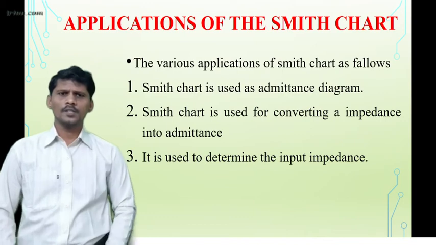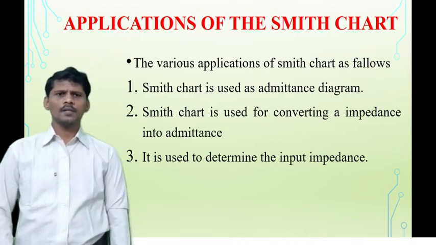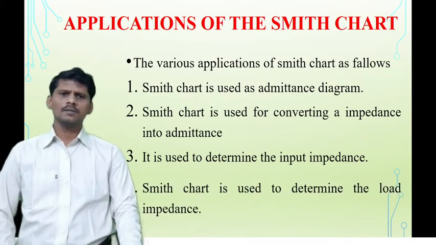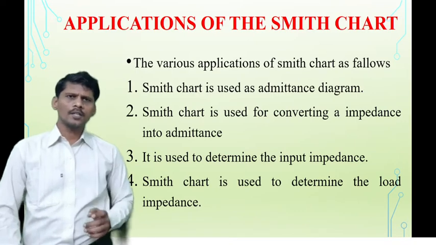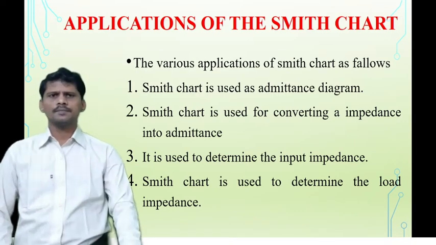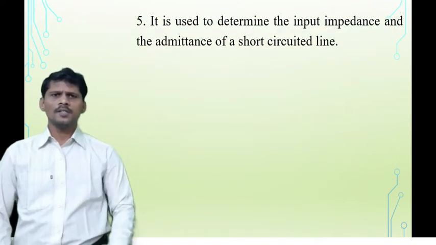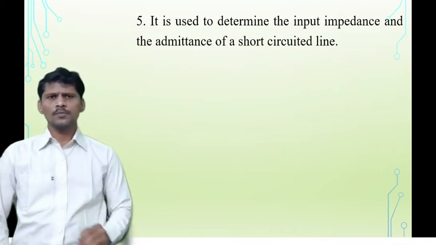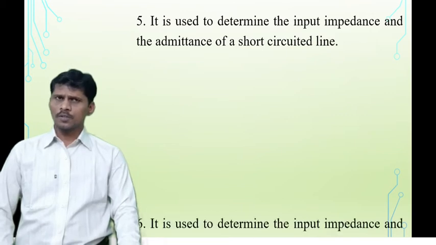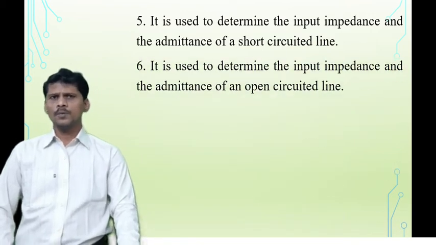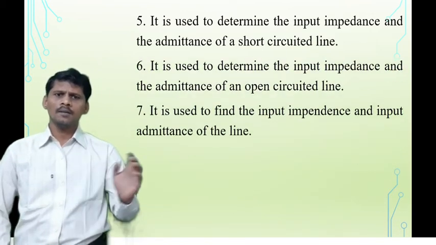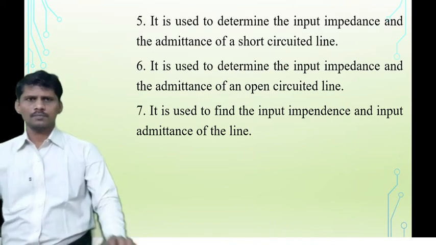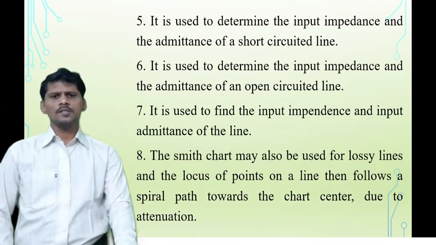It is also used to determine the load impedance. The next application is to determine the input impedance and the admittance of a short-circuited transmission line, an open-circuited transmission line, and a matched load. So these are the applications of the Smith chart.